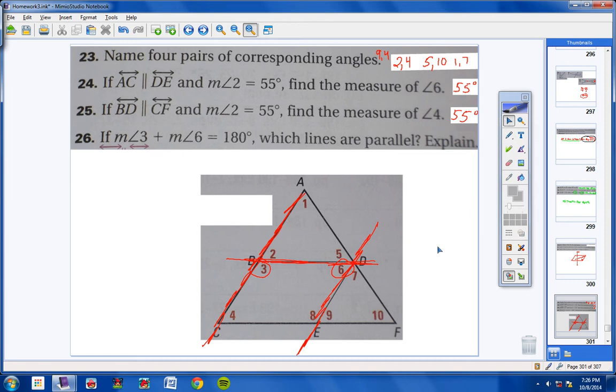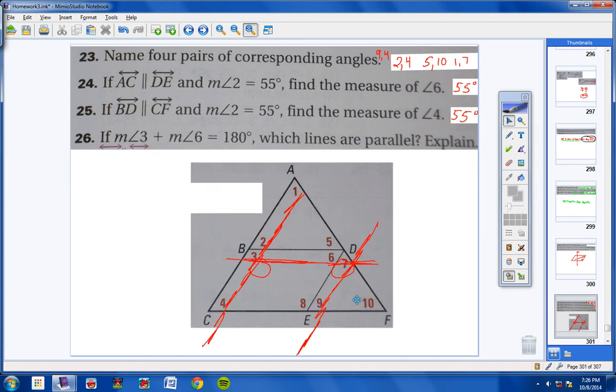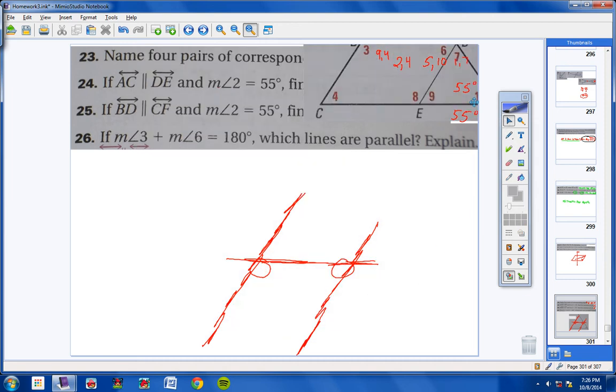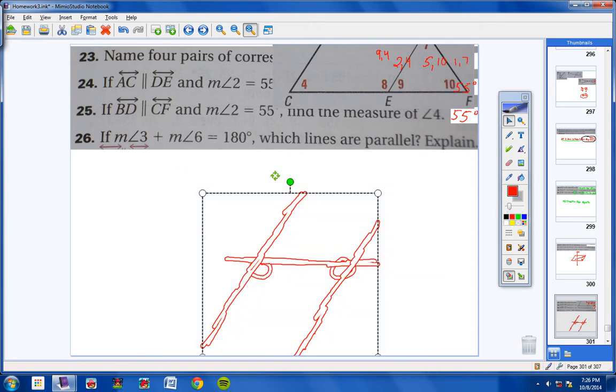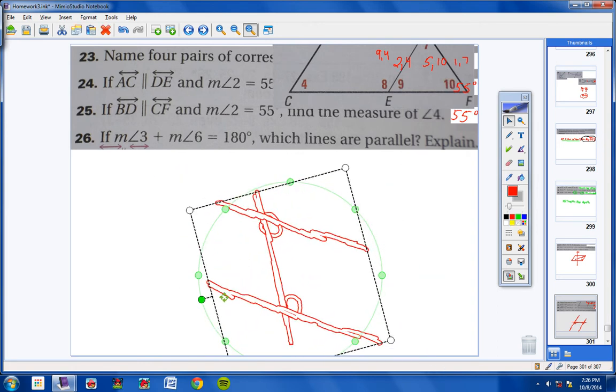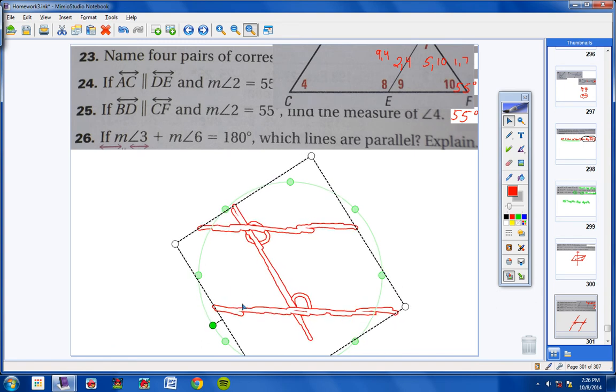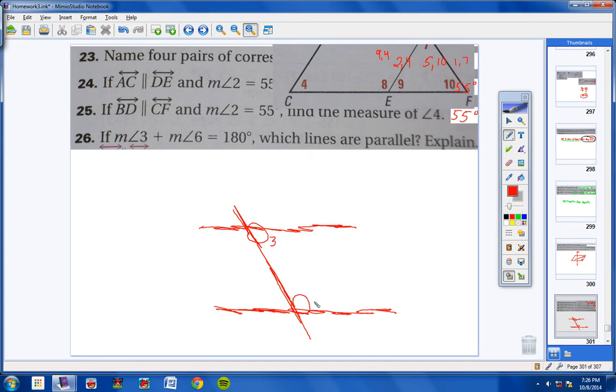Now let's do this. Let's pull this over here for a second, okay? Let's go like this, and let's turn this thing around, okay? Now, they're telling us that angle 3 plus angle 6 equals 180. Thus, what they're saying is angles 3 and 6 are what? Supplementary.